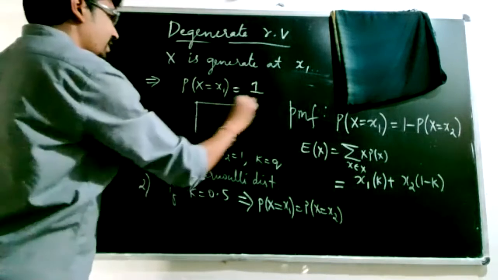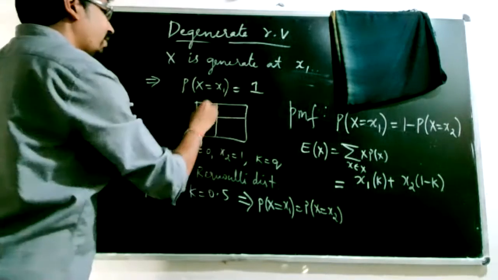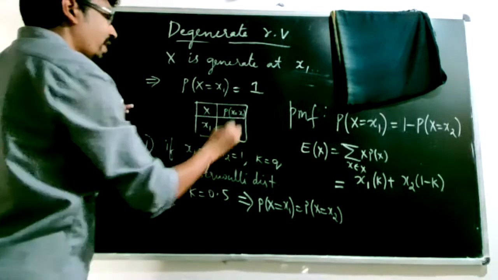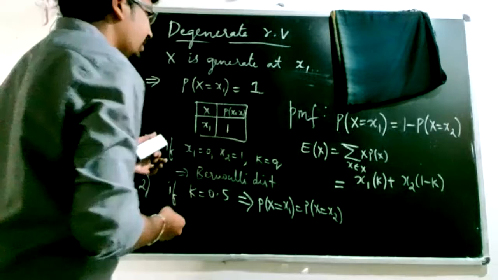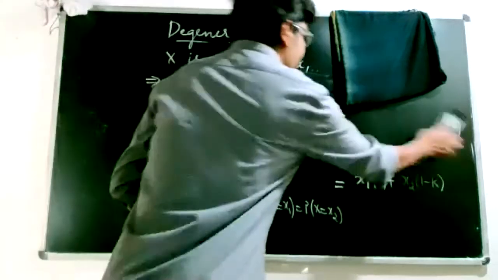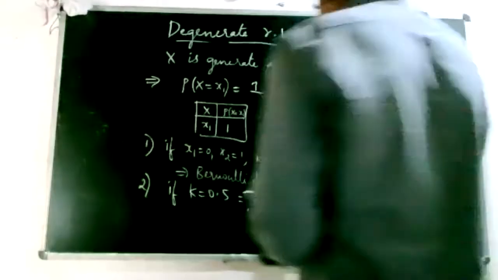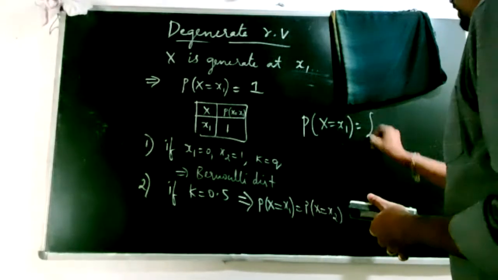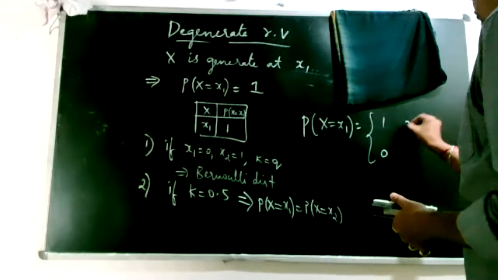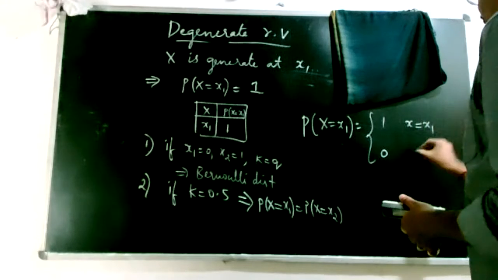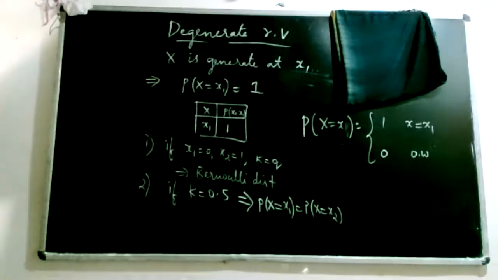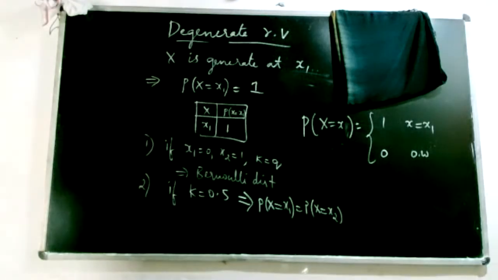That is, my random variable is taking only one value with probability exactly equal to 1, and the other cases are equal to 0. So you could write the PMF alternatively as p of x equals 1 if x equals that particular value, and 0 otherwise.